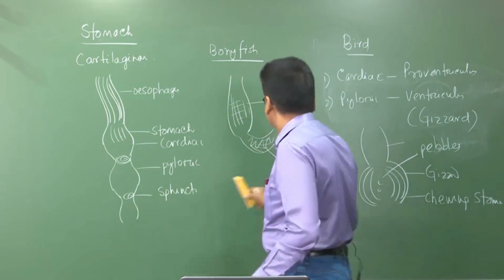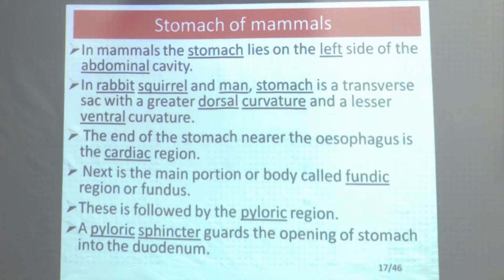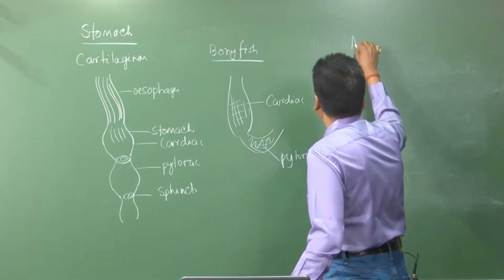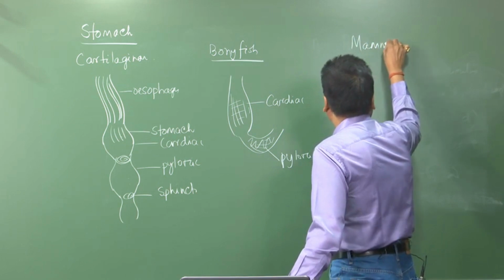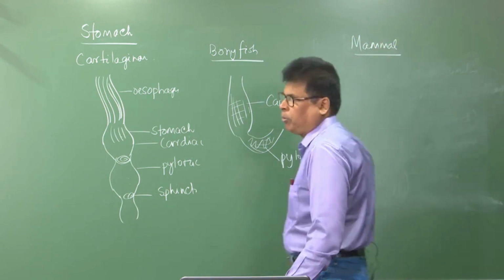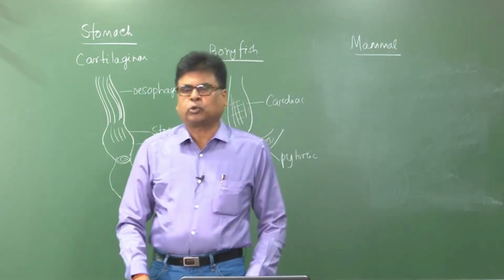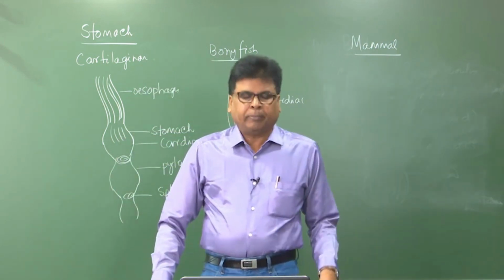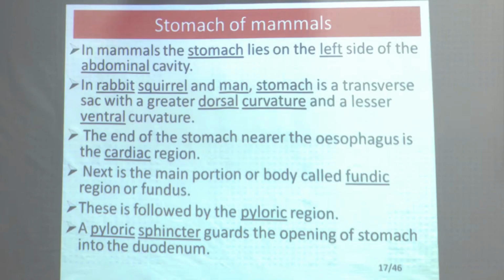Now come to the next and most important part of this discussion, the stomach of the mammal, for example the stomach of human. In mammals the stomach is highly developed, including man, who also belongs to the mammals. In mammals, the stomach lies on the left side of the abdominal cavity.